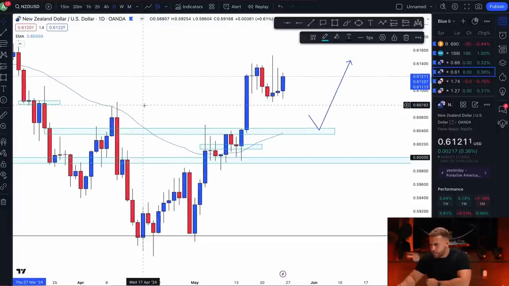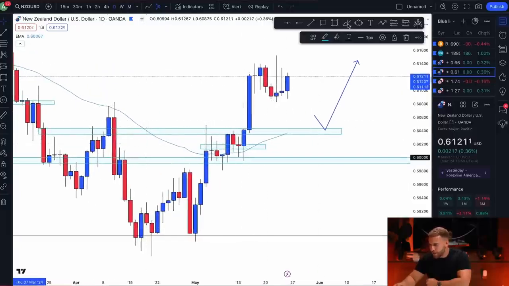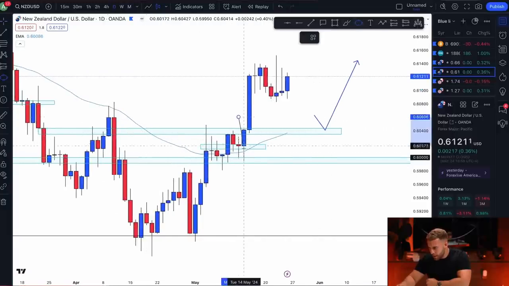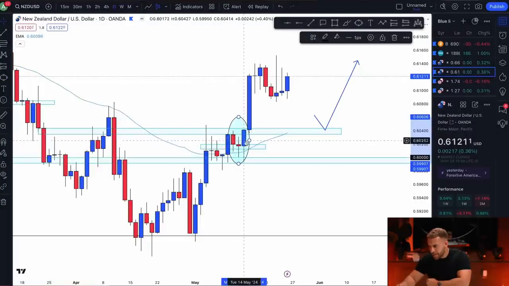So let me actually show you what this looks like. This right here would be a perfect example of a bullish engulfing candlestick pattern, which is this right here. You can see how this blue candlestick has engulfed the last one or two candlesticks, confirming that this direction is now going to head to the upside.